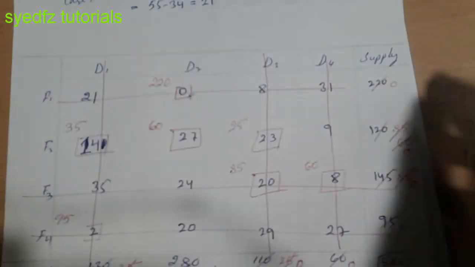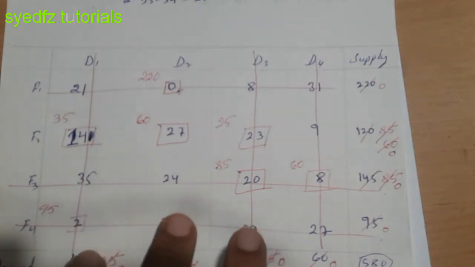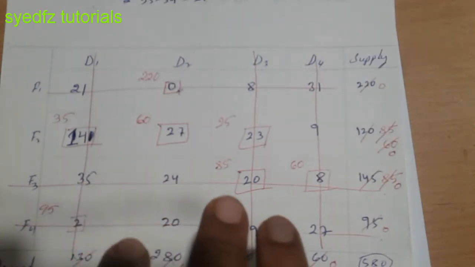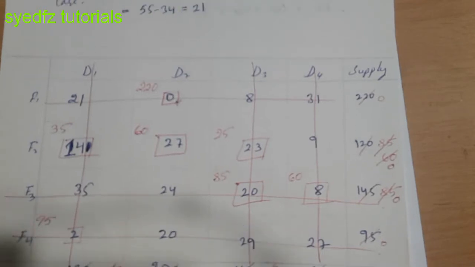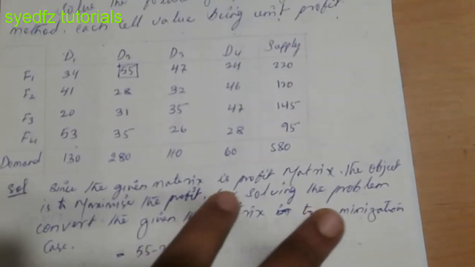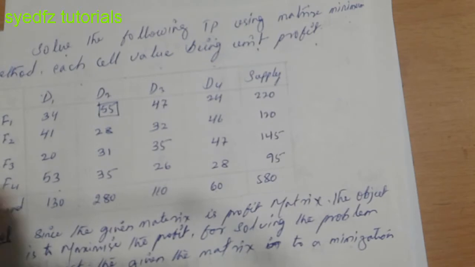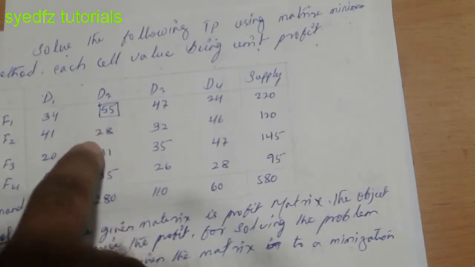What we have to do is, actually we have already assigned this one, but now we have converted this one into the cost and we have solved. Now at the time of calculation of total profit we have to take this allocation number, but the unit profit is given, so the unit profit should be taken from here.